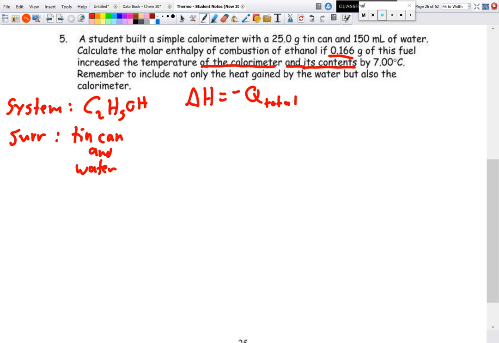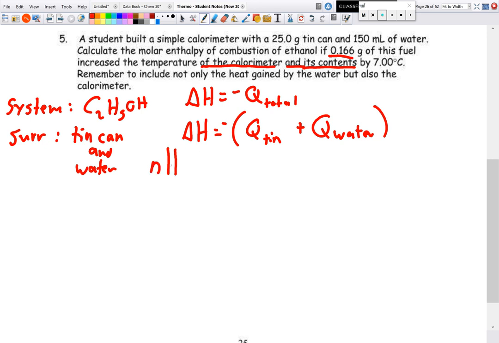All we need to do is just add them together. So in this example, we're going to get delta H is equal to negative, in this case right here, it needs to be the Q of our tin can, and we're going to add it to the Q of our water. So how this is going to look later, I'm going to expand some more.